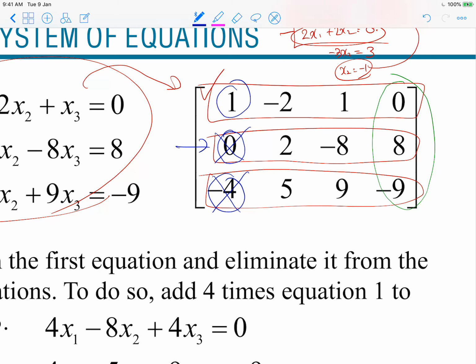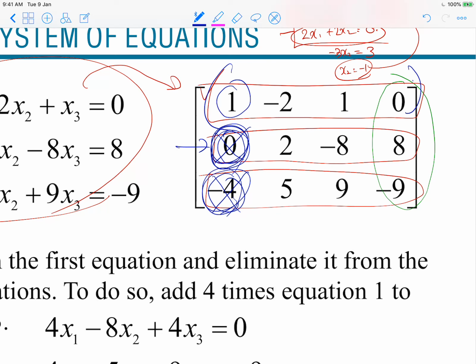How we do it is as follows. The second equation already has the first variable erased, so we have nothing to do. But how about this guy? How can we erase it? We always erase by multiplying our eraser equation, which is always the first equation, by some scalar.